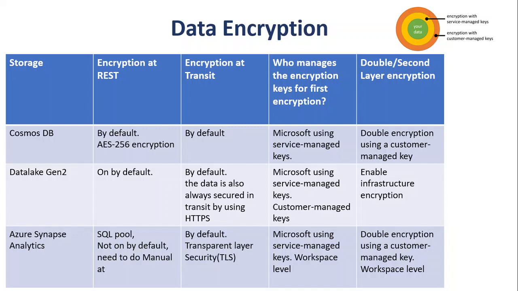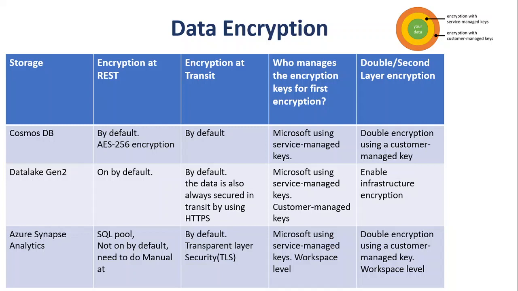We can manage, like for here, who manages the keys for this default encryption. If you want Microsoft's platform to use a service managed key, we can do that too. We can even do customer managed, but the default setting is Microsoft using a service managed key.